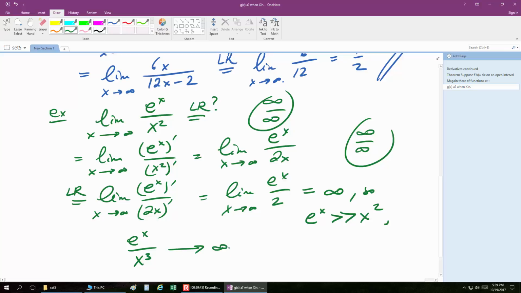So once again, infinity. In fact, instead of using L'Hopital's rule twice, you'll use it 3 times, right? And then for any power, e to the x is stronger than any power. It doesn't matter. You just have to use L'Hopital's rule enough times, which certainly requires some getting used to, because a very high power will be working against you.